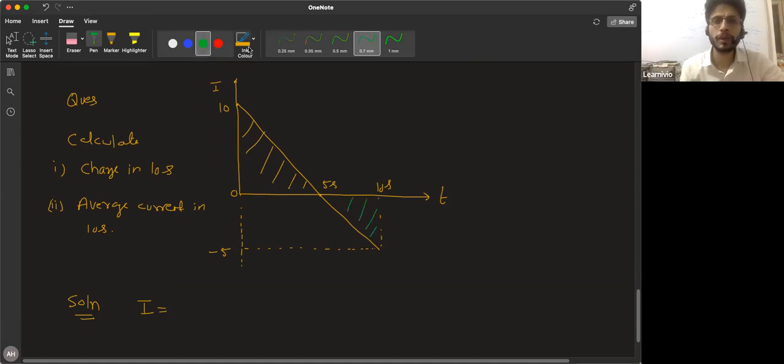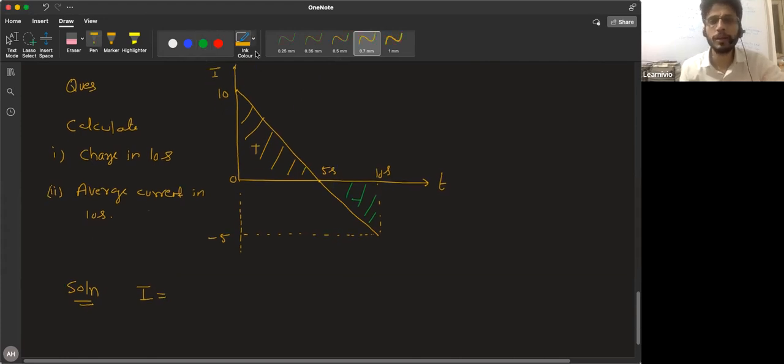The area of this triangle is positive and the area of this triangle is negative. Just add them up. How to calculate the area of a triangle? Half base into height. Base is 5, and height is 10.